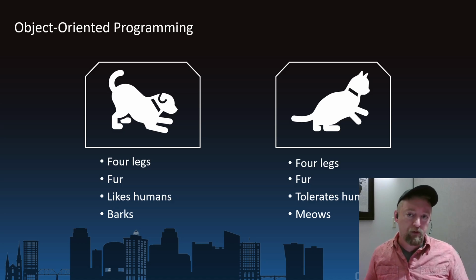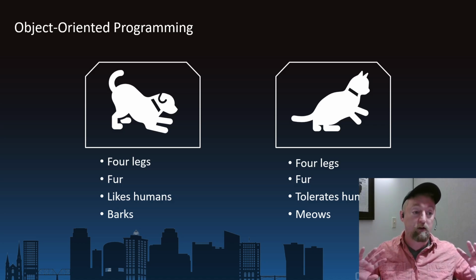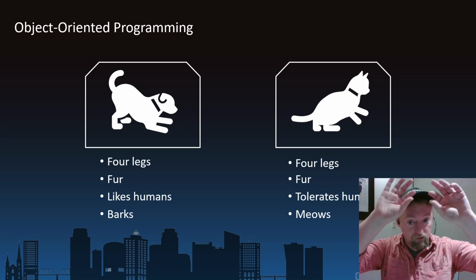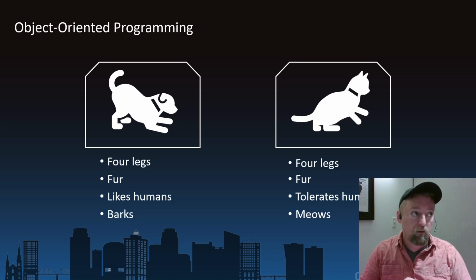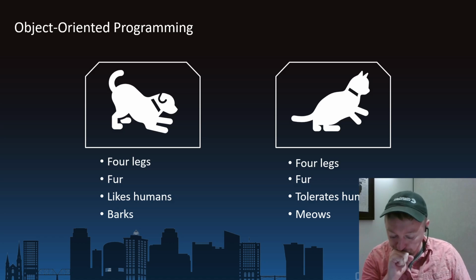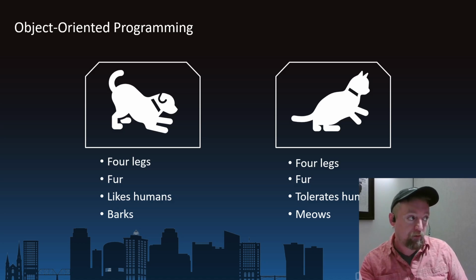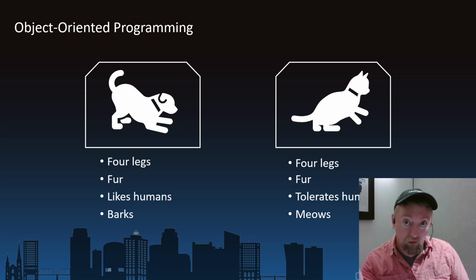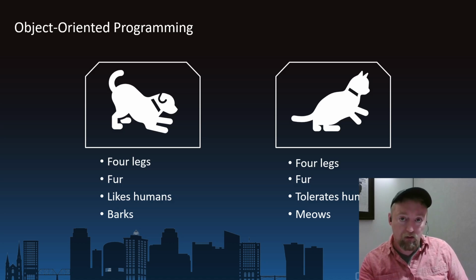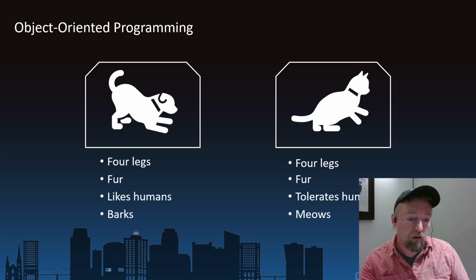One of the advantages of programming in terms of objects is those objects can actually be defined in terms of other objects. Even in the real world, when you describe something like a dog, you're starting off with certain assumptions, right? It's an animal. And animals have certain traits, like they probably breathe and they probably reproduce and all of these things.